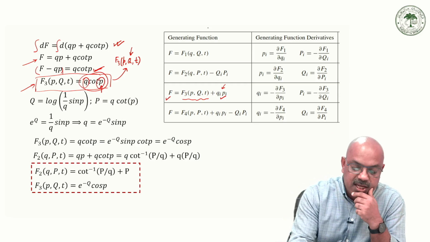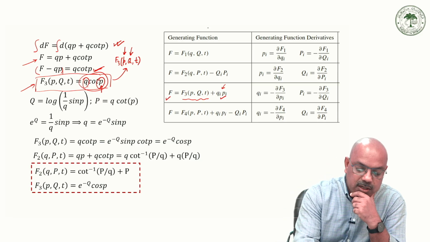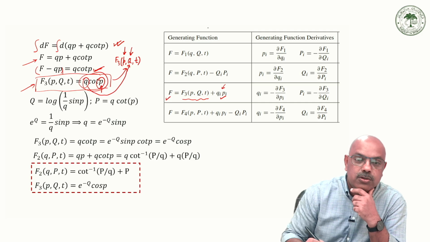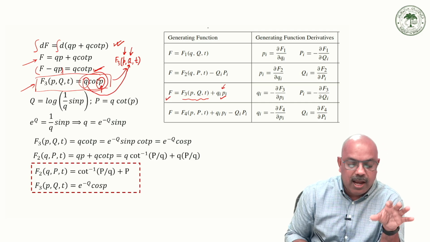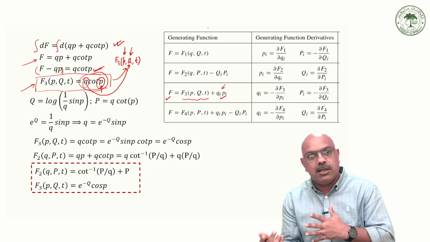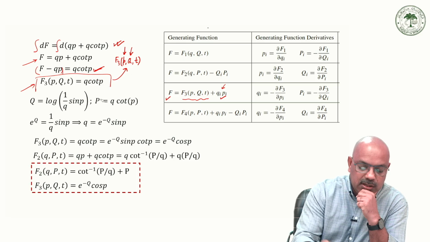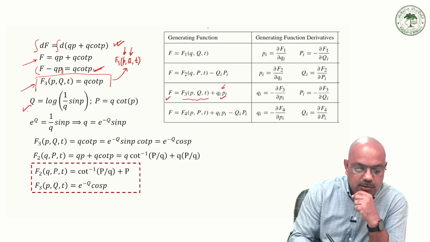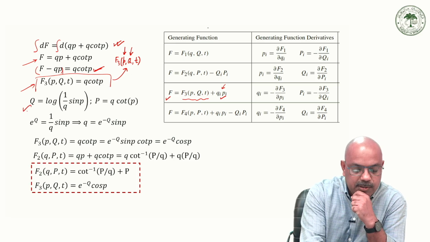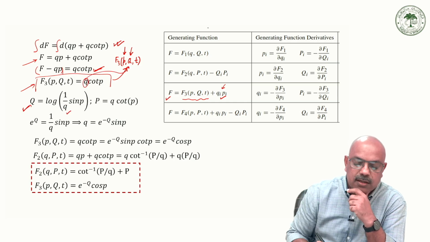So p is there, but what I don't have, I have to replace this small q with capital Q. So I have to look for the transformation equation, how small q and capital Q are related, so that I can use it here. From the first transformation equation, if you remember, capital Q is related with the small q. So this is what I want: the relation between capital Q and small q.